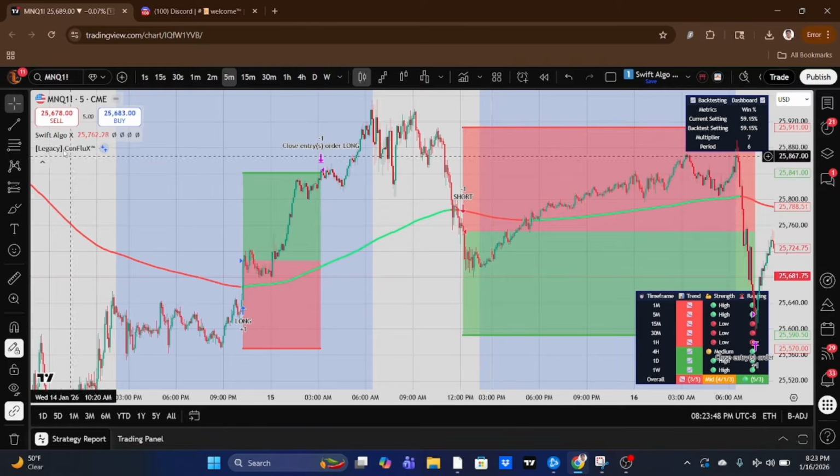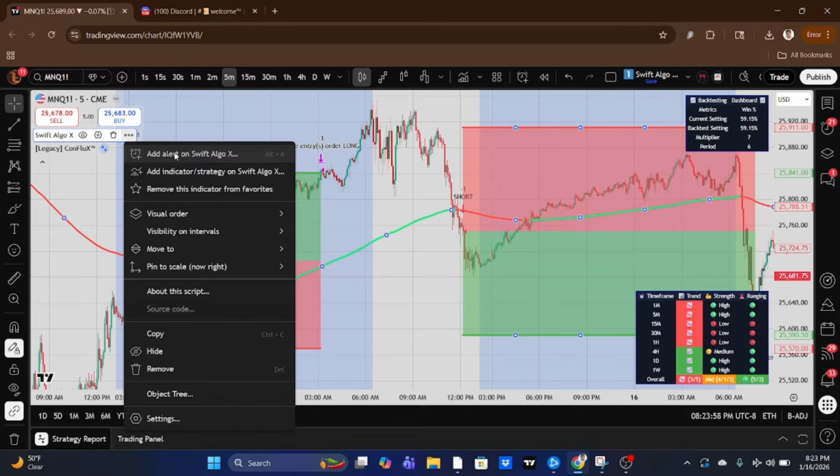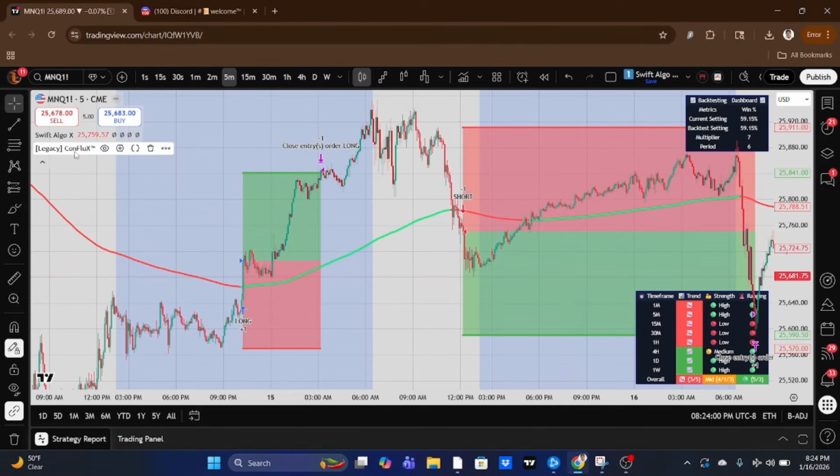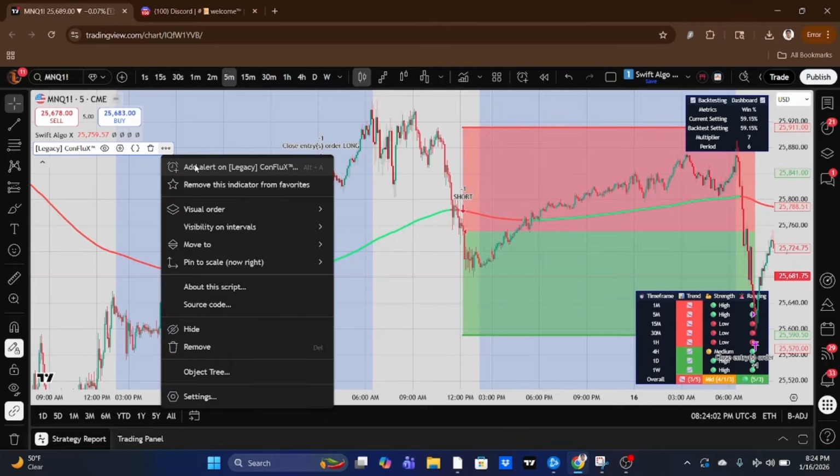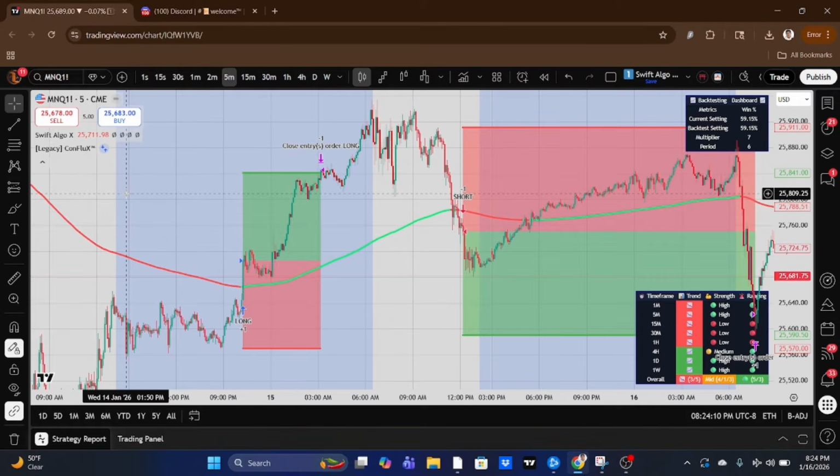Okay? With the ConFlux, you only have to make one alert. Because you no longer have to make the alert on the Swift Algo X, you can now make the alert on the ConFlux only, because ConFlux is already connected to Swift Algo X. So you only have to make one alert now. And that's a huge deal for me because it just makes automating a lot easier for me.